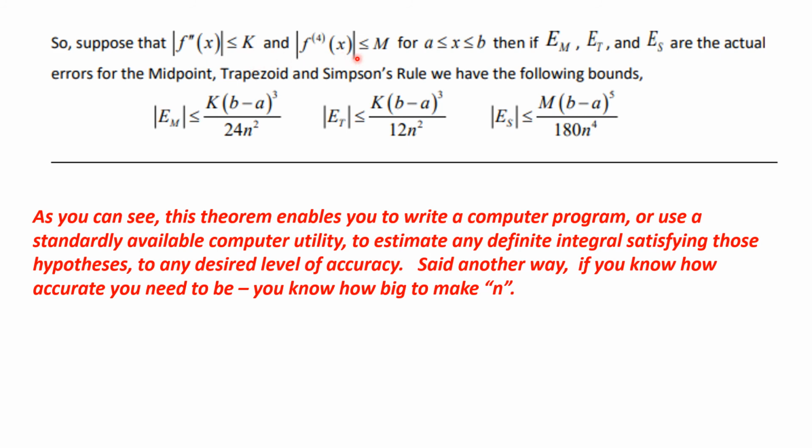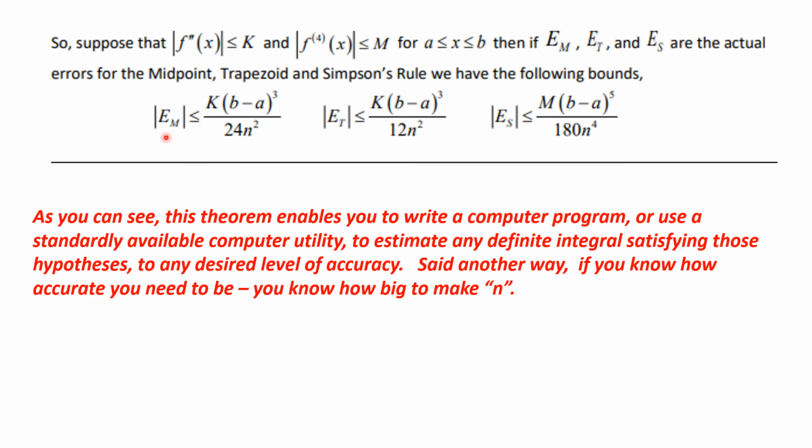So there's a lower bound and an upper bound for those functions in between a and b. Then if E sub m, standing for the error, using the midpoint formula, E sub t is the error that you would encounter using the trapezoidal rule, and E sub s are the errors associated with using Simpson's rule.